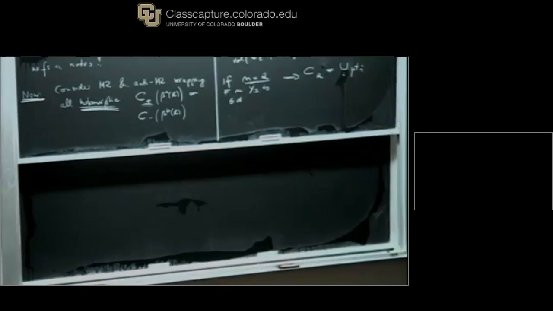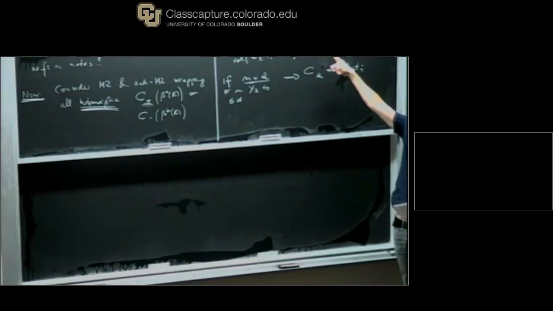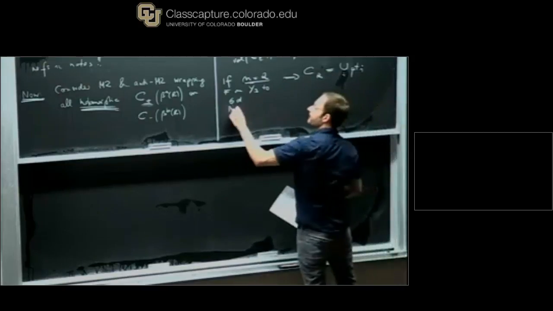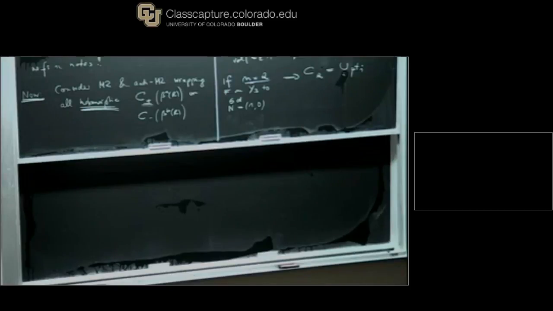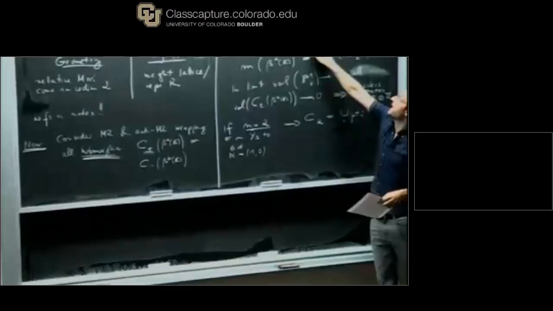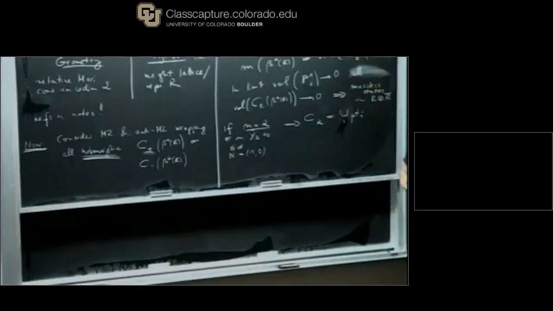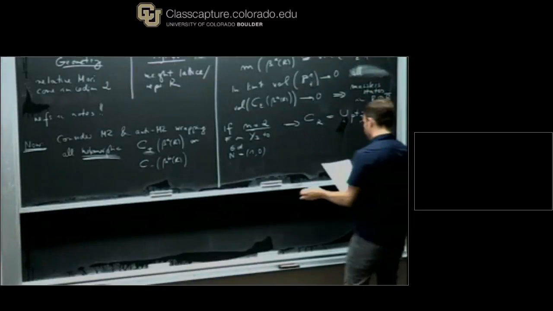And over each point, we have a full 6D N equals (1,0) hypermultiplet in representation R, which corresponds in 4D language to a chiral multiplet in representation R and a chiral multiplet in representation R bar. So at this stage, non-chiral.